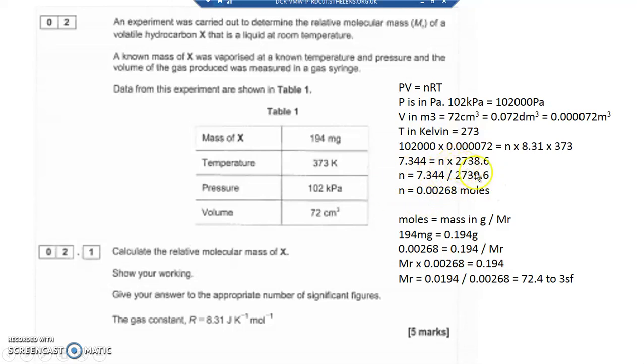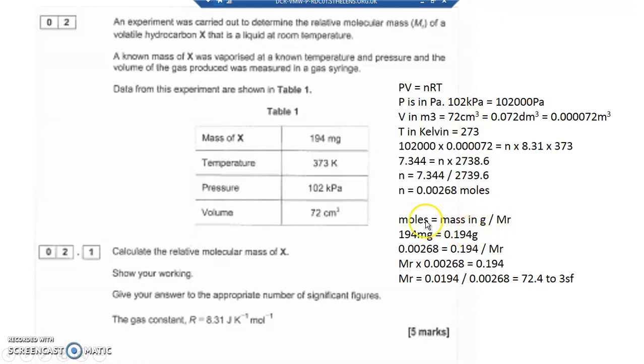I've now got the number of moles. What else do I know about x? I know the number of grams, or at least I can do, 194 milligrams. To convert a smaller unit into a larger unit like a gram, because it needs to be in grams, divide by 1,000, 0.194 grams. So now what have I got? I've got moles, I've got mass in grams.